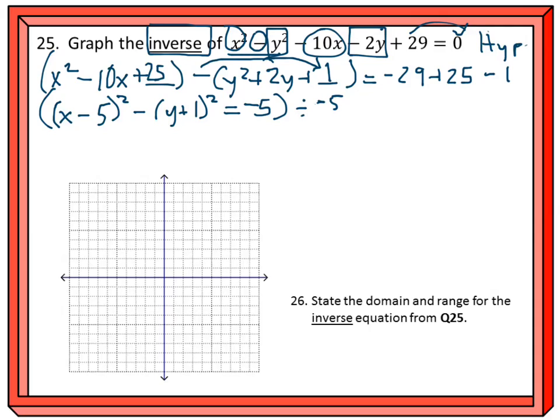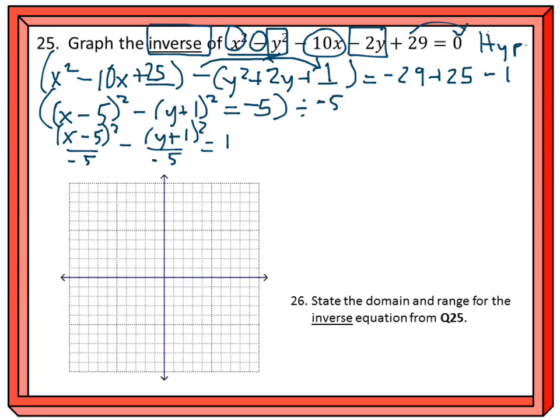When I divide by negative 5, that's going to switch the signs here, so I'm going to have x minus 5 squared over negative 5 minus y plus 1 squared over negative 5 is equal to 1.